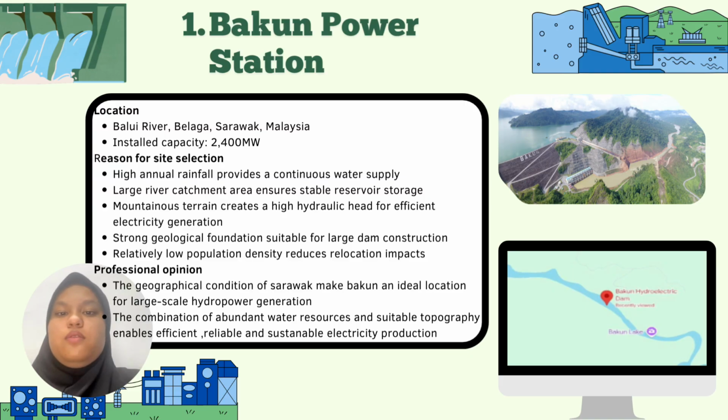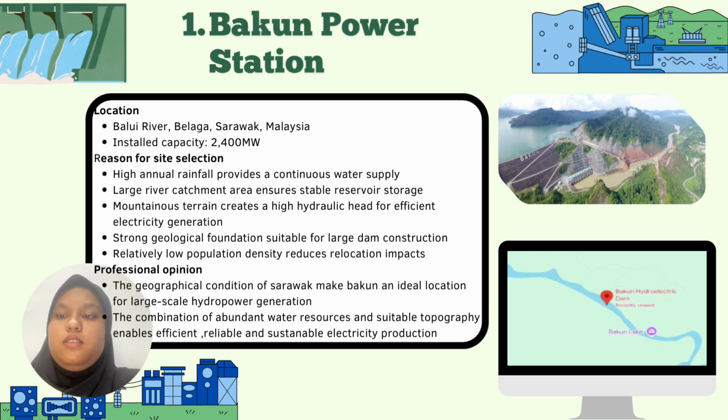Next is the Bakun Power Station. Bakun Power Station is located on the Balui River, Belaga, Sarawak, Malaysia. The capacity is 2,400 megawatt. The reasons for the site selection are: the high annual rainfall provides a continuous water supply. The large river catchment area ensures stable reservoir storage.